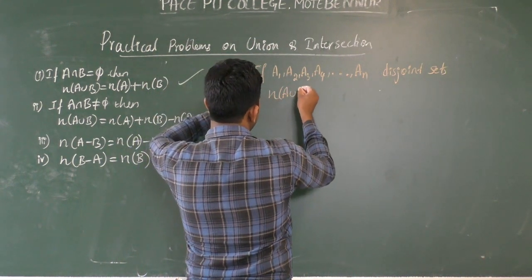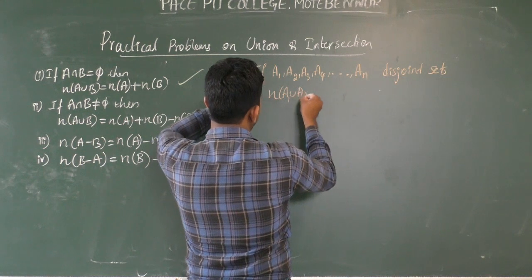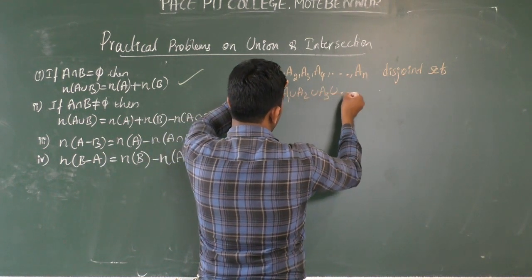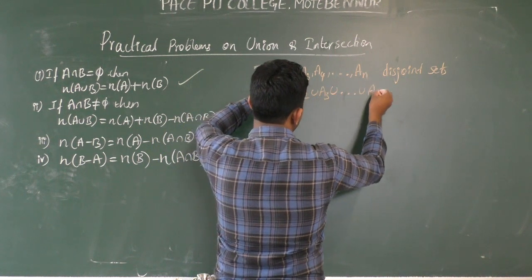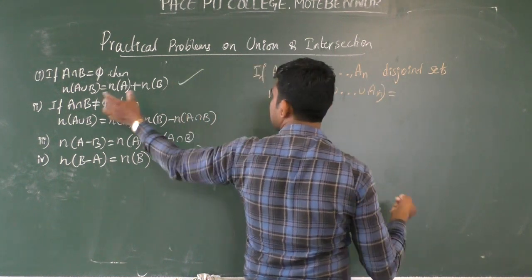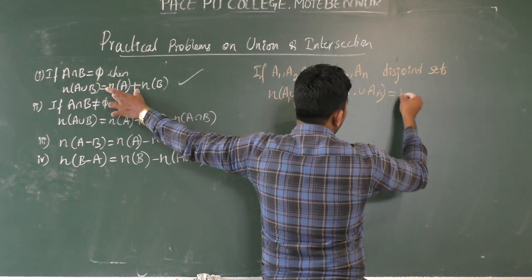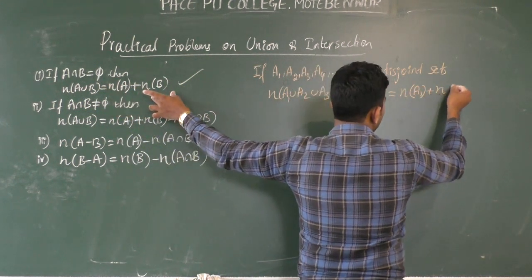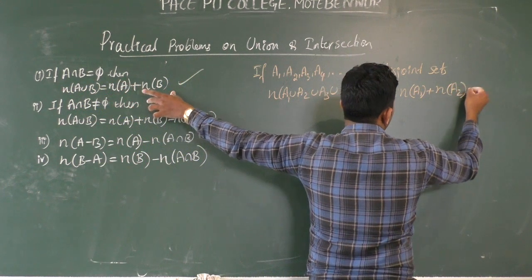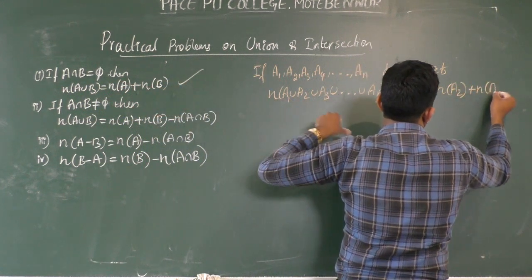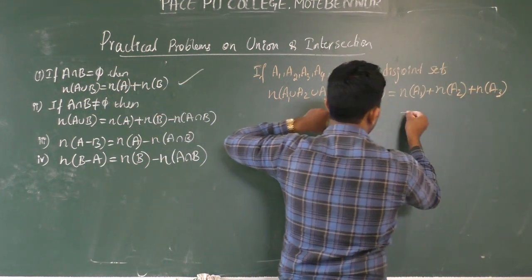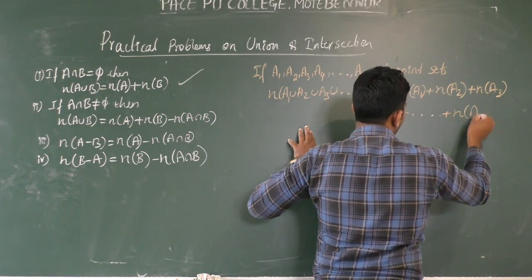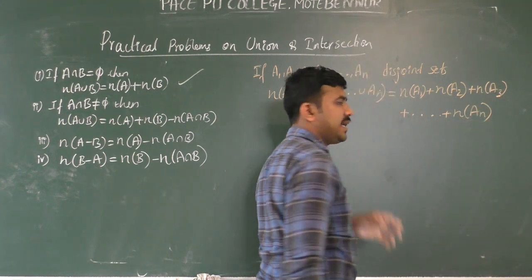A1 union A2 union A3 union and so on up to AN is nothing but n of A1 plus n of A2 plus n of A3 plus n of A4 plus n of A5 plus so on up to n of AN.